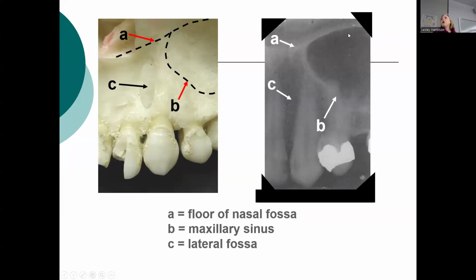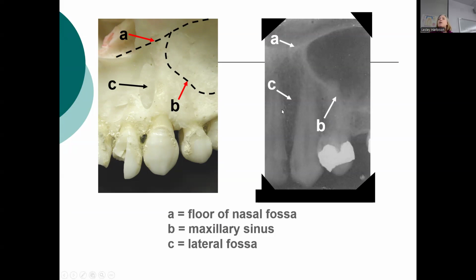If we look toward the back of the image, we can see the premolar, so we know that's got to be the maxillary sinus. And if we look up above the lateral, we know that's going to be the nasal fossa. That just helps you stay oriented, and we'll look at more examples.